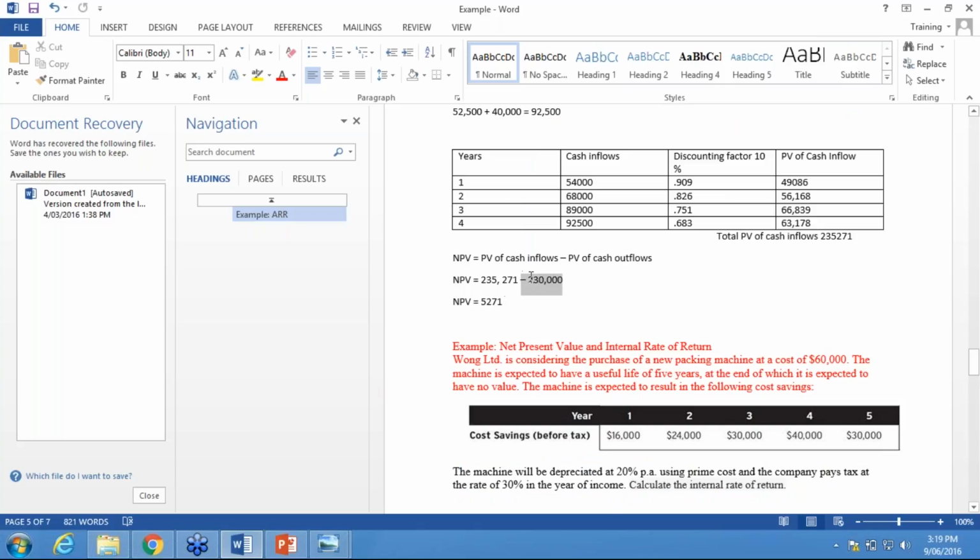That's why I haven't changed the present value of cash outflow. Present value of cash outflow will remain the same. Because it's present time, you can multiply by 1, it's the same thing. That's why I have used the same figure, and that's my NPV positive, so I will take this decision. So that's the NPV method. Any questions so far?